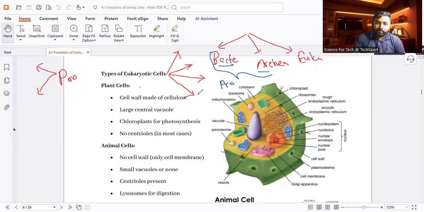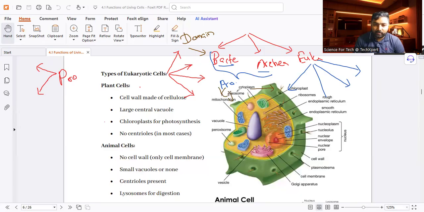Then when we come to eukarya, there are kingdoms. The hierarchy is domain, and after domain we can see kingdoms. Are you clear?